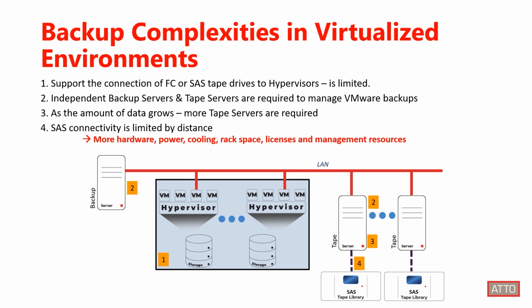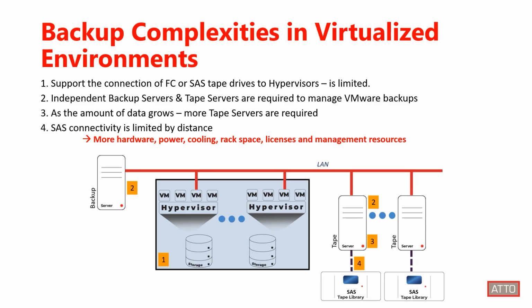Additional servers are required, which equals more licenses, more power, more cooling, more rack space, and more IT resources needed for deployment and management. Data must pass across the network to the tape servers to retrieve virtual machine data from the source data store, process it, and then deliver it to the target tape drives. This adds strain to the network infrastructure.